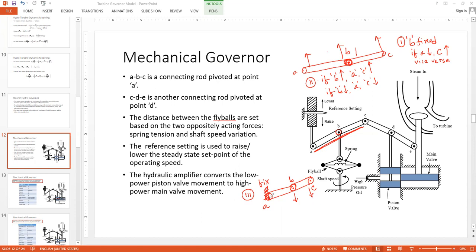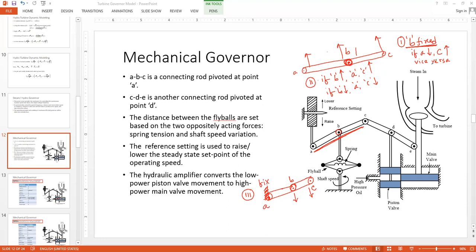So these are some of the points associated with the movement of the arm. I have discussed a few of the cases. First case was if B is fixed, then if you pull A down according to this direction, then C should go up.